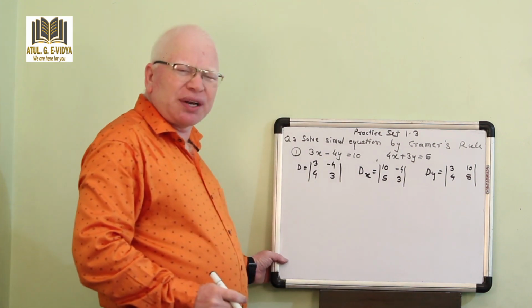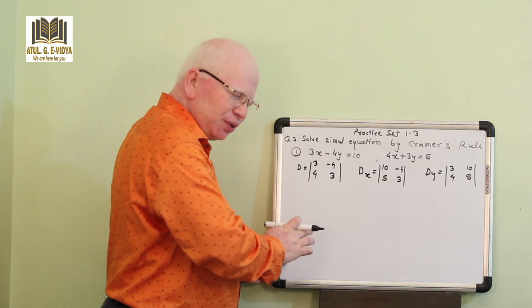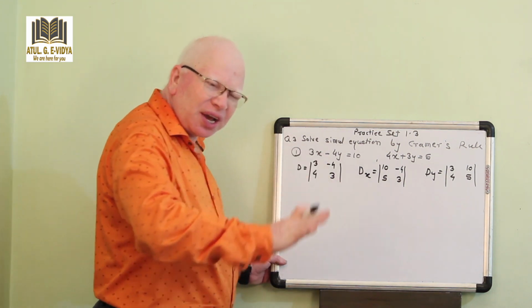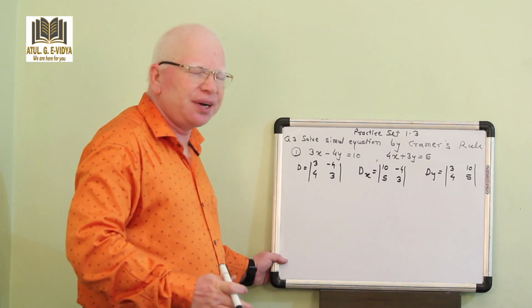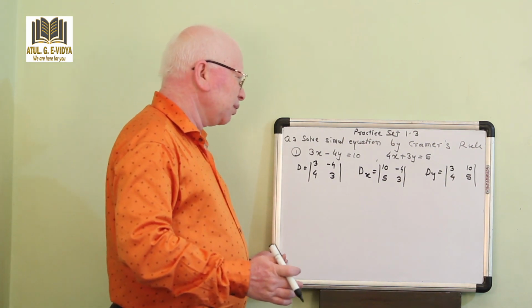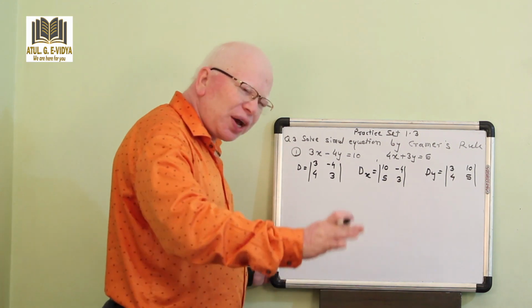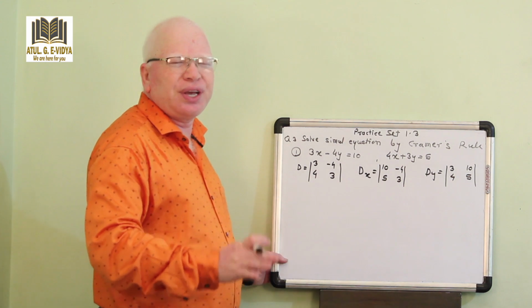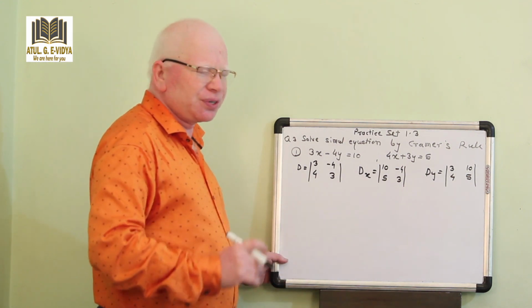I would like to summarize here. For D, x and y coefficients. For Dx, x coefficients are absent and we have to consider the right hand side digits. For Dy, y coefficients are absent.